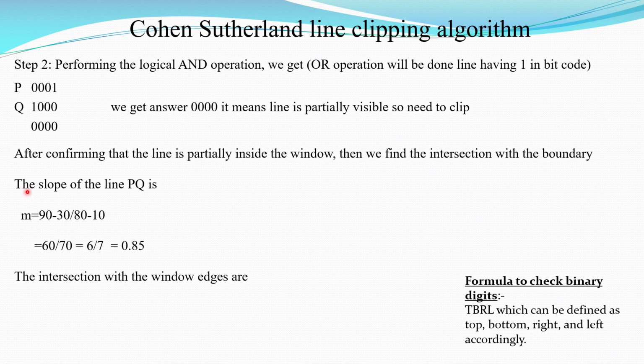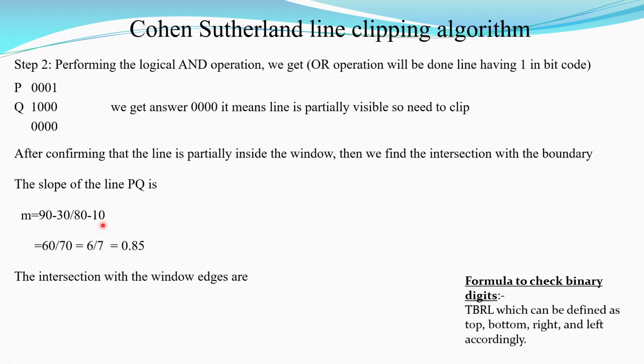For that, the next step is to find the slope using the P and Q values, which are already mentioned. The slope is m equals y2 minus y1 divided by x2 minus x1, and we get 6 by 7, or about 0.85.